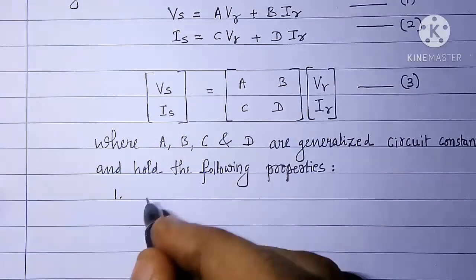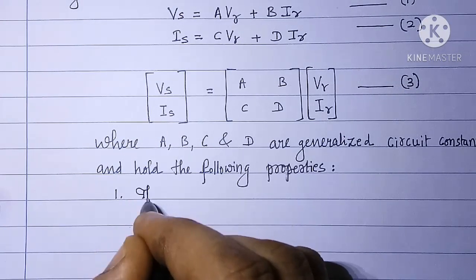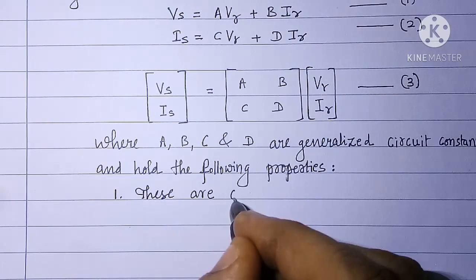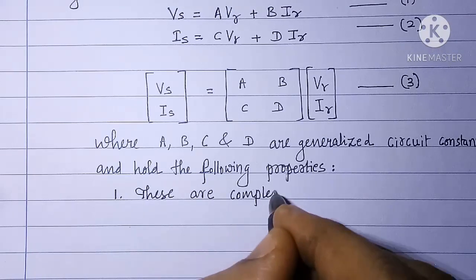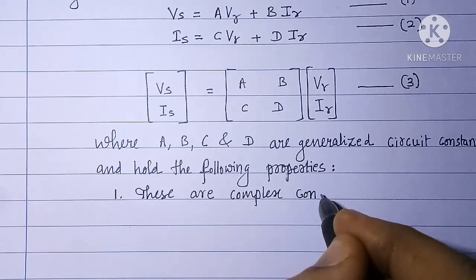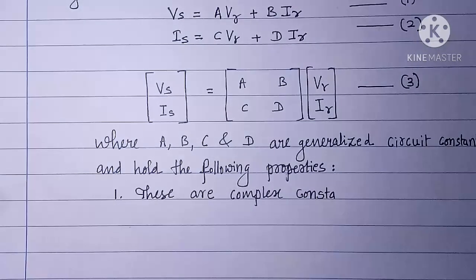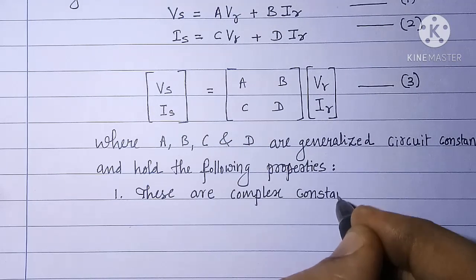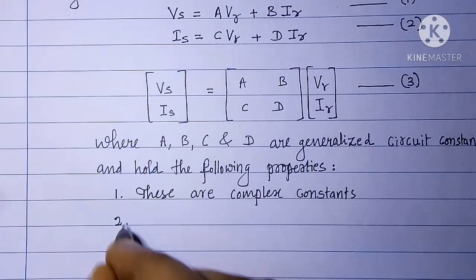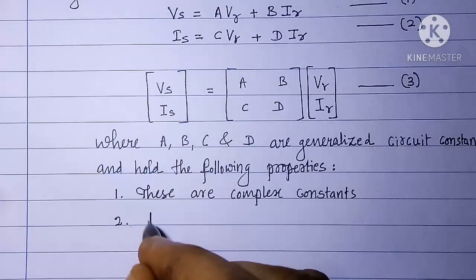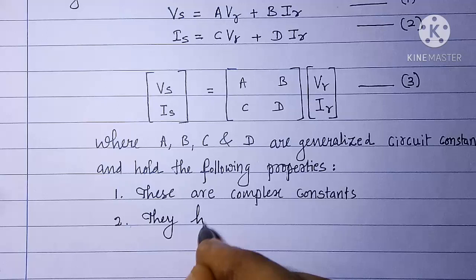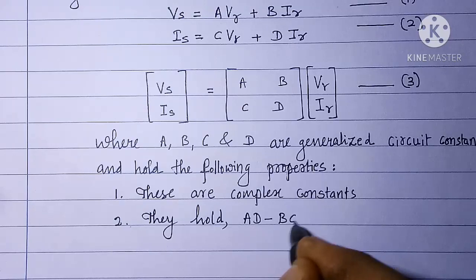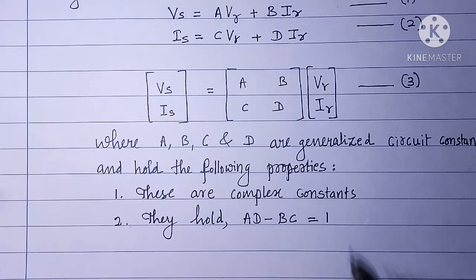One, these are complex constants. That means they are of the form A plus Bi. Second one, they hold AD minus BC equal to 1.